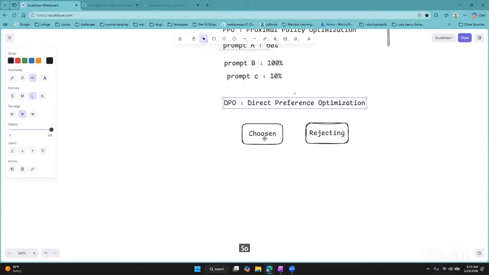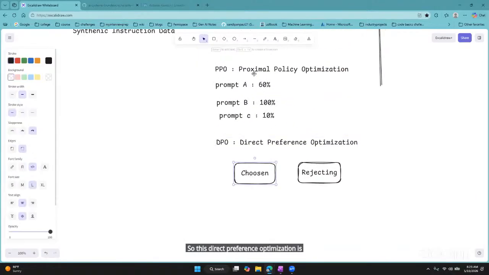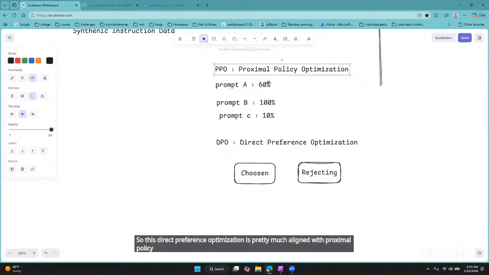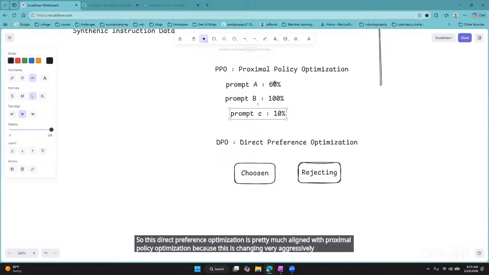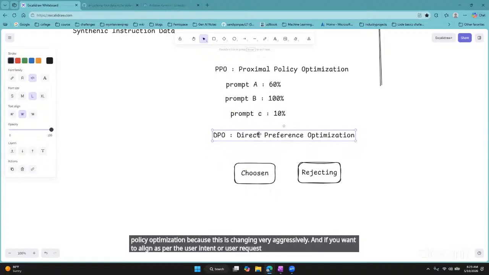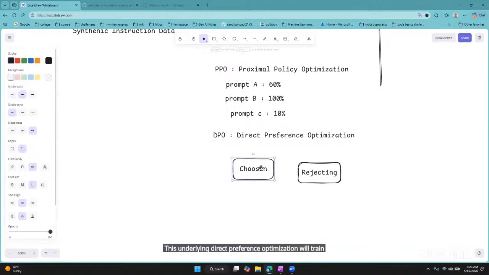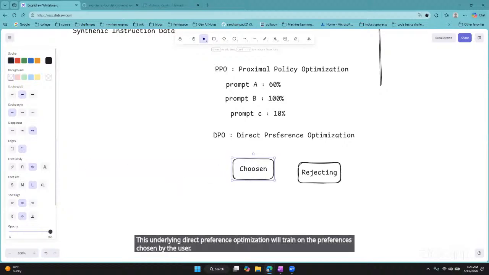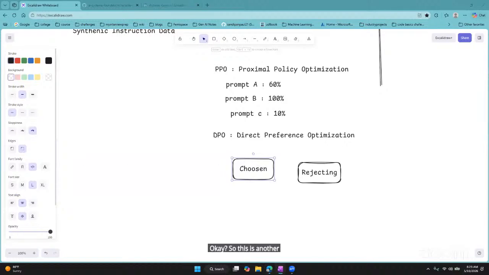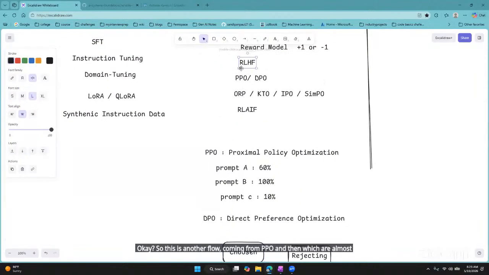So this direct preference optimization is pretty much aligned with proximal policy optimization, because PPO is changing very aggressively. And if you want to align as per the user intent or user request, direct preference optimization will train on the preferences chosen by the user. So this is another flow coming from PPO, and these are almost the underlying concepts of reinforcement learning from human feedback.